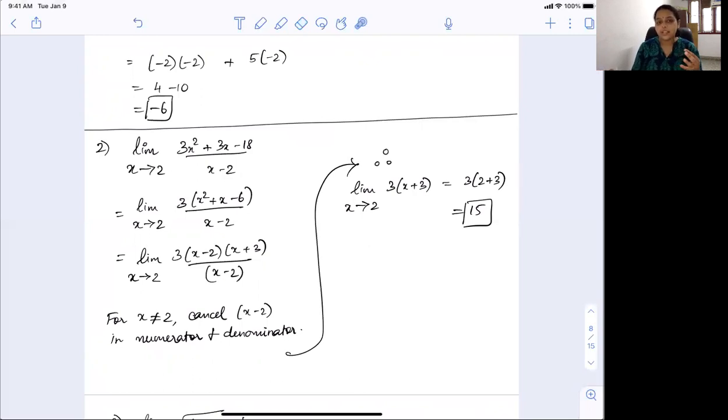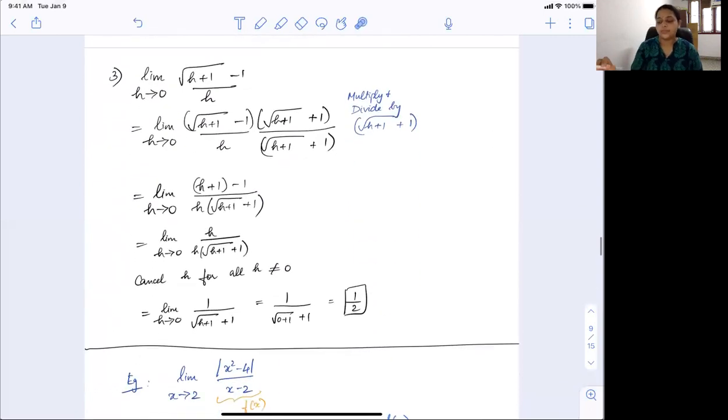I'm able to do that because I'm not looking at the functional value at x equal to 2, but rather what's happening around x equal to 2. So x is not essentially equal to 2 there. So I can cancel these two terms, and I'm left with a much simpler expression, x plus 3. Now in this case, I can plug in the values of x into the function and calculate the limits.